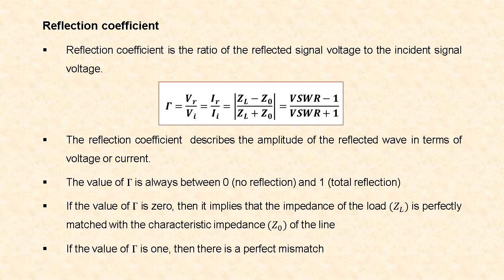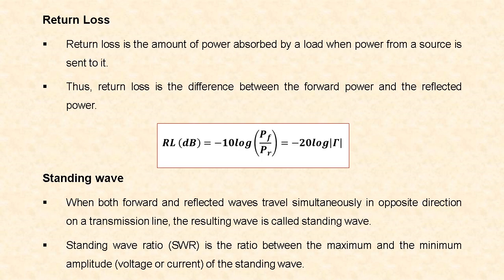If the value of reflection coefficient is 0, it implies that the characteristic impedance of the transmission line is perfectly matched with the load impedance. If the value of reflection coefficient is 1, then there is a perfect mismatch between the impedance of load and transmission line.